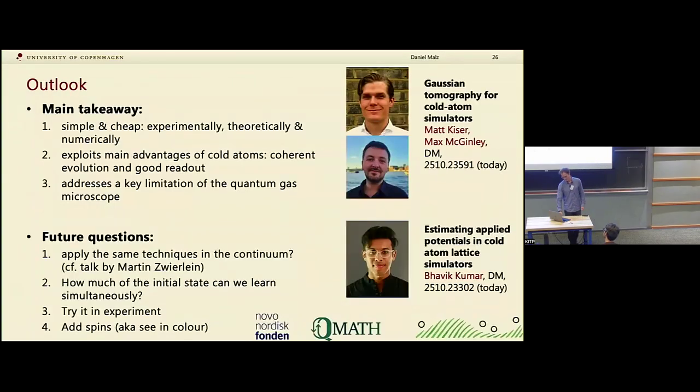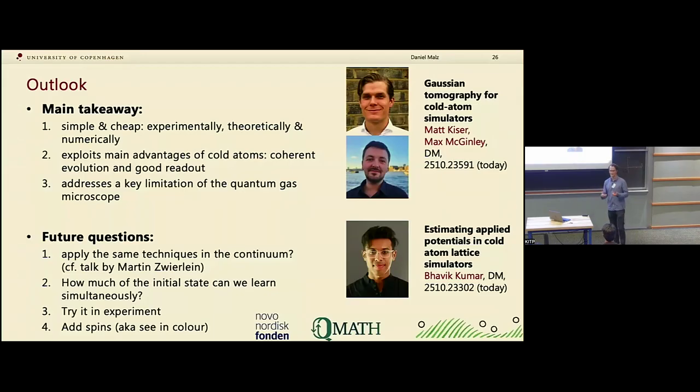So it really seems to work. With that, I'd like to finish. My main takeaway is that this is very simple and cheap, it's not very complicated, and I hope this can actually find application. You can ask, can you do this in the continuum? Can we maybe learn also the initial state and the Hamiltonian at the same time? What's the limitation?